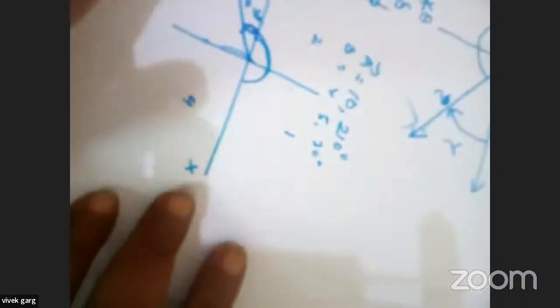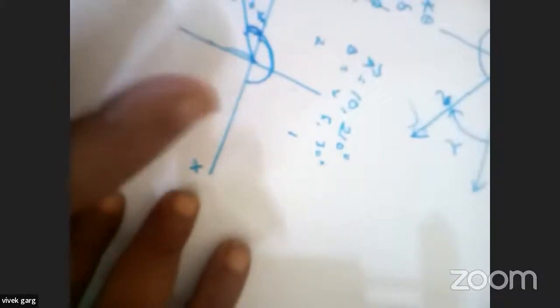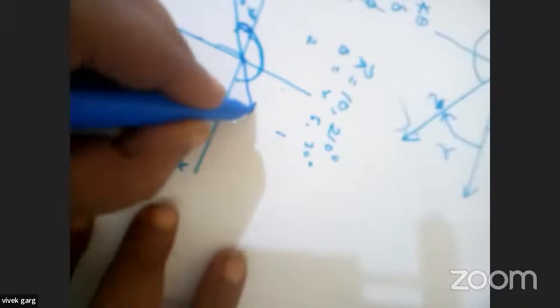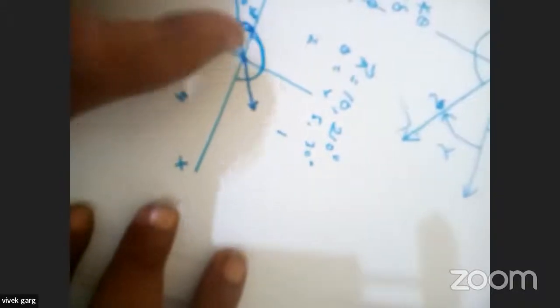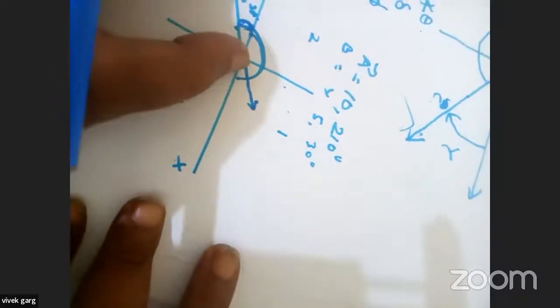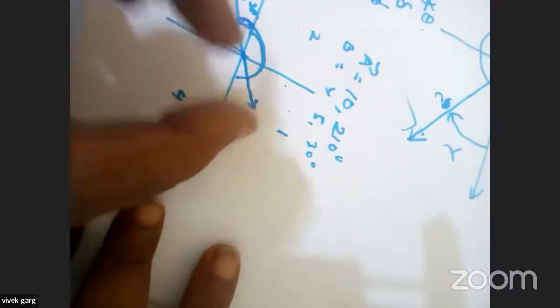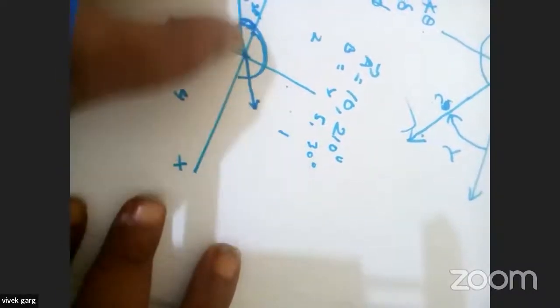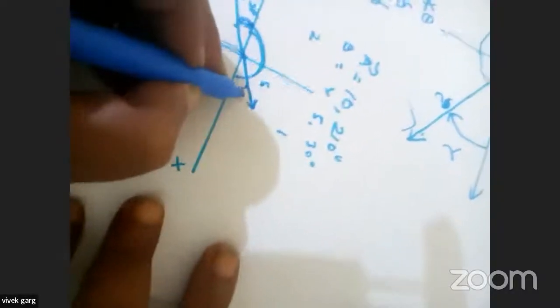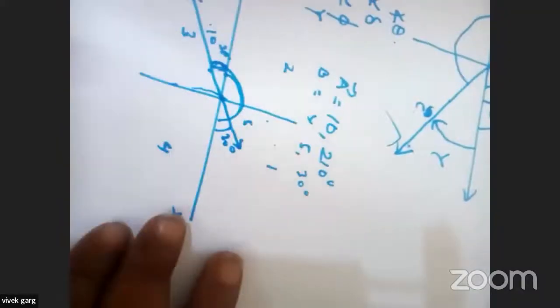Now you cannot use a scale every time. So what you are going to do is approximately make sure that your length is half this length. Try and take an approximation. So if I'm saying this is 10, and this is 5, make sure it looks at least half of this. So this is 5, 30.